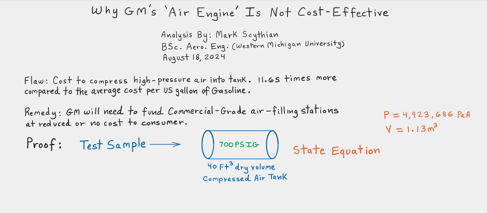Next, we can access the state equation, or the ideal gas law, which is PV equals nRT, that is the absolute pressure in pascals, times the contained volume in cubic meters, equal to the moles of ideal gas, in this case air is an ideal gas, times the universal gas constant R, times the fixed absolute temperature in degrees Kelvin.